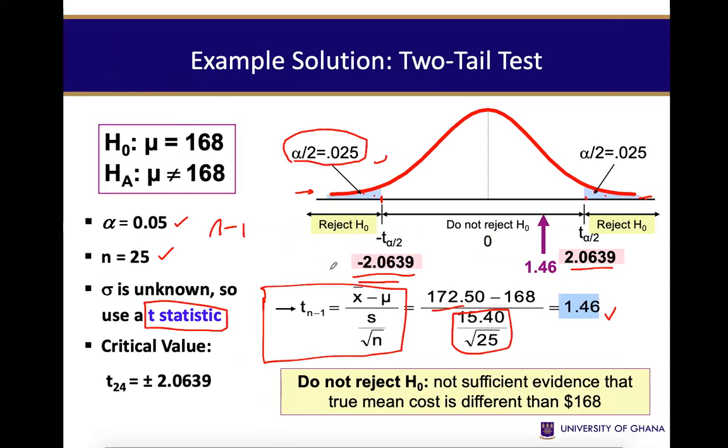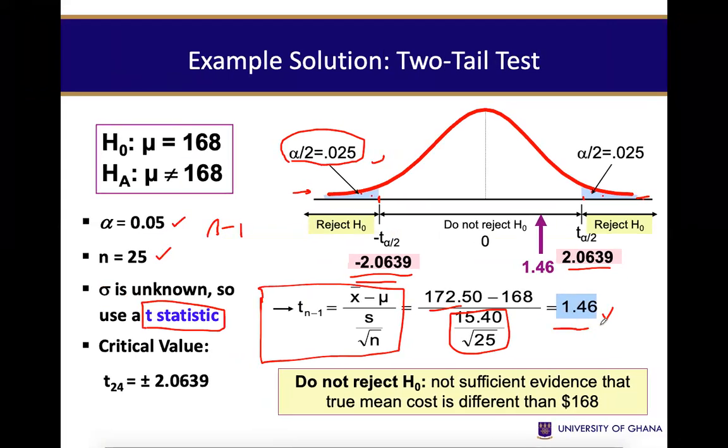But when we calculated our test statistic, what did we get? We got 1.46. Okay, the test statistic was 1.46, and so we check whether it's within the rejection region or the acceptance region.